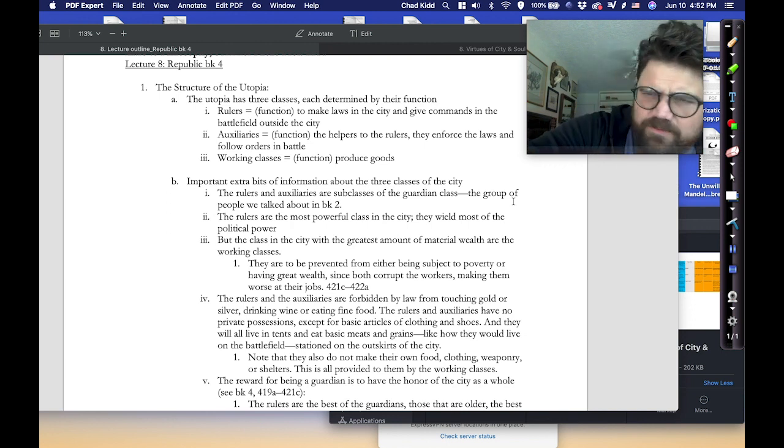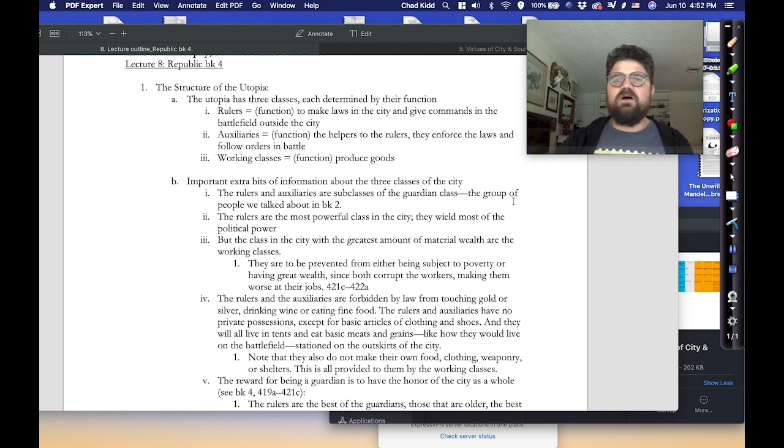That's importantly different from the way that we distinguish our classes in our culture today. Today we rely largely on economic status, on income, to distinguish our classes. We have upper class, middle class, and lower class, and these are distinguished almost strictly in terms of our economic well-being.